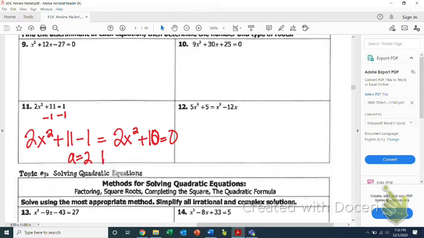A equals 2. B equals, well, B is an x term and it's missing, so it's 0. C equals 10. You take those 3 terms, plug them in to your discriminant, b squared minus 4ac. Solve it. You should get an answer. Tell me what kind of roots it is and how many.